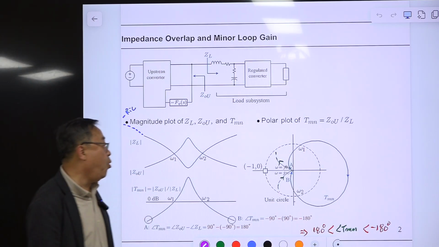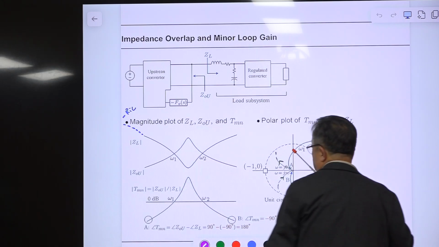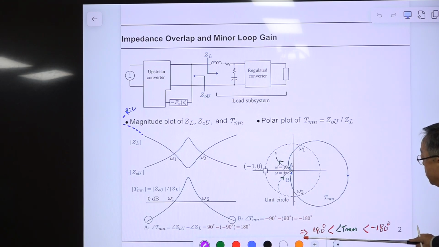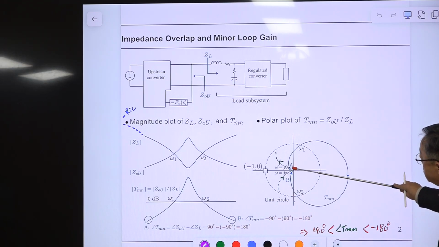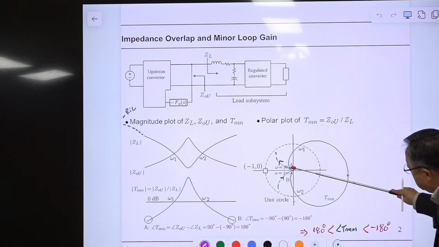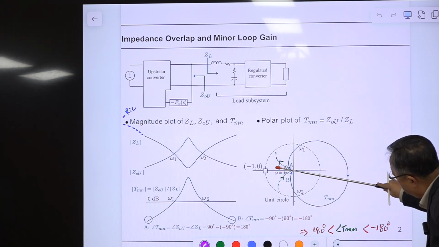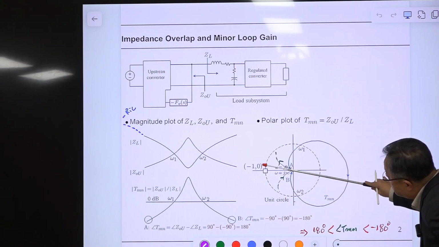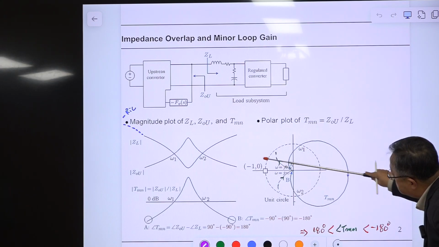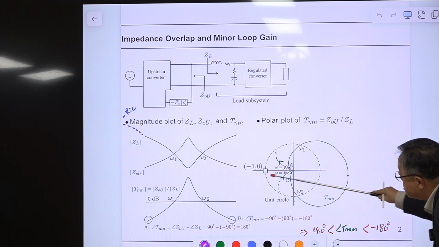And the polar plot trajectory of this one, we went through this, so this phase is bounded by 180 degree to minus 180 degree. So it starts out here and it terminates like this. For extreme case, it will follow this line, but it never touches this because this is larger than this, so it goes like this and comes back like this.